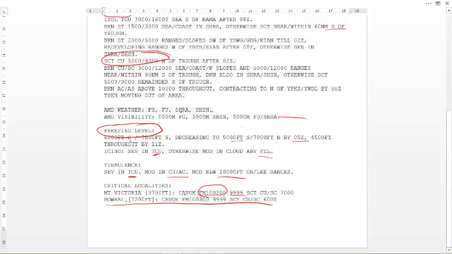Also all 9s means good visibility. And we've got scattered cloud, cumulus and stratocumulus 7,000 feet. Now Bowral is lower, but it's also CAVOK and all the nines. So I won't have any trouble crossing the mountains.